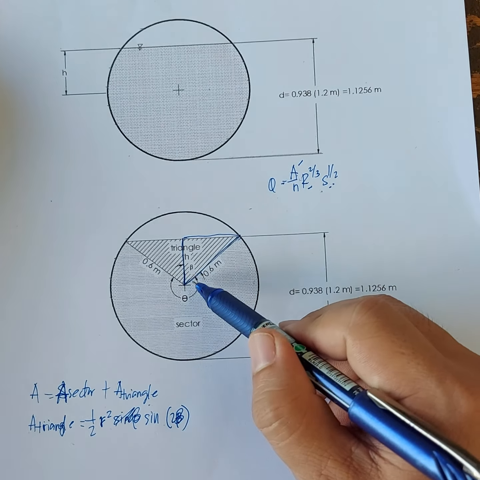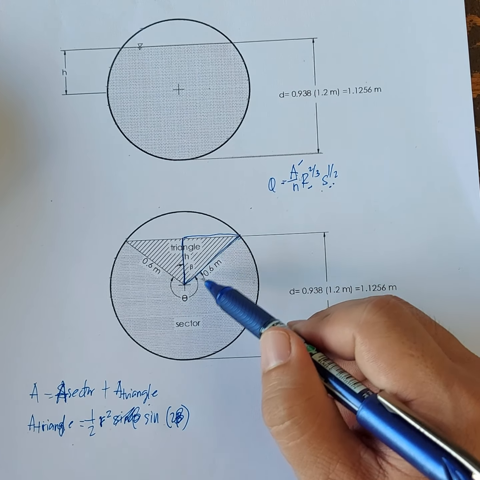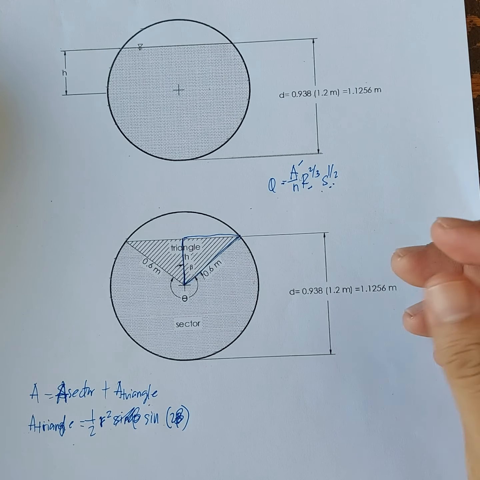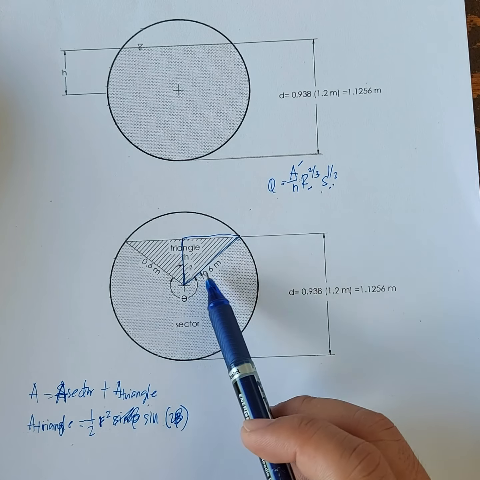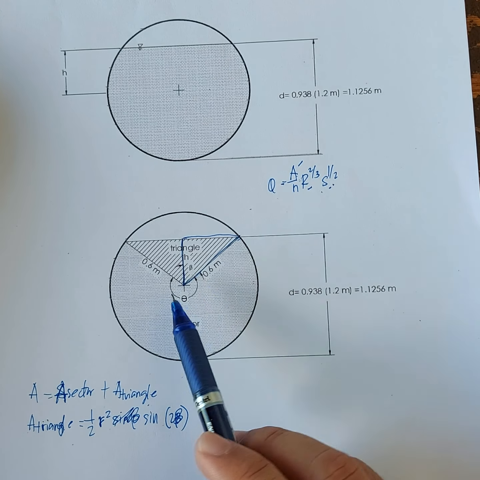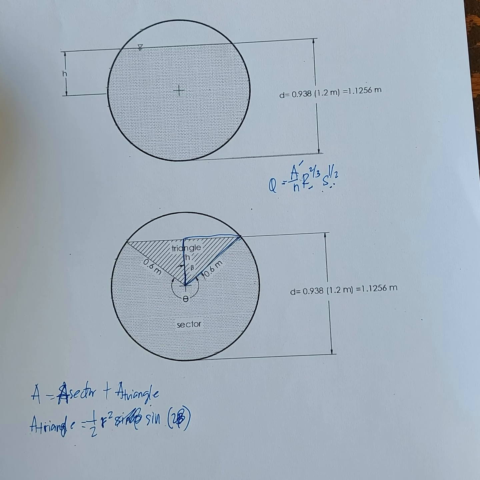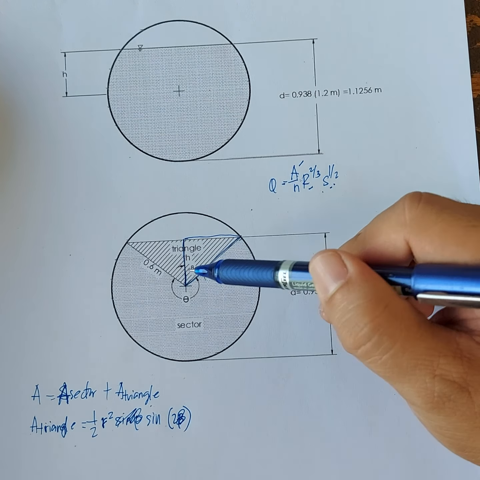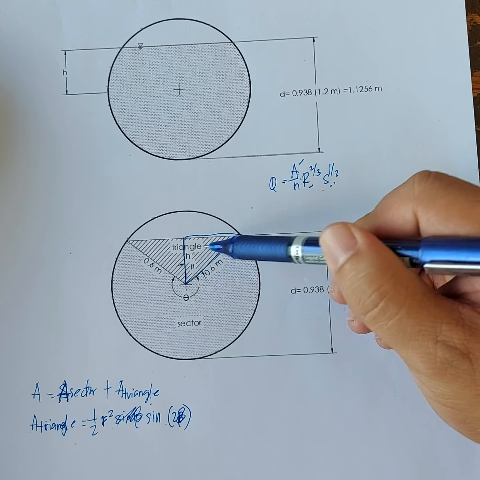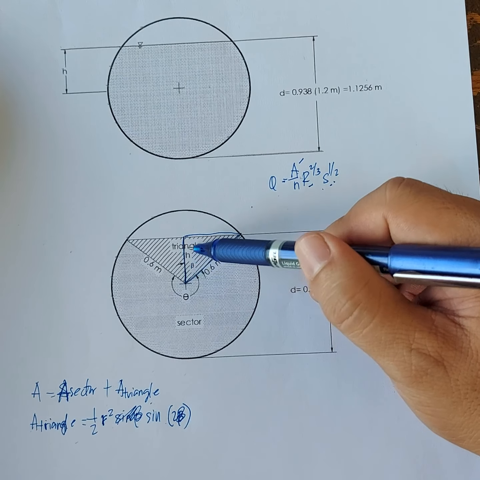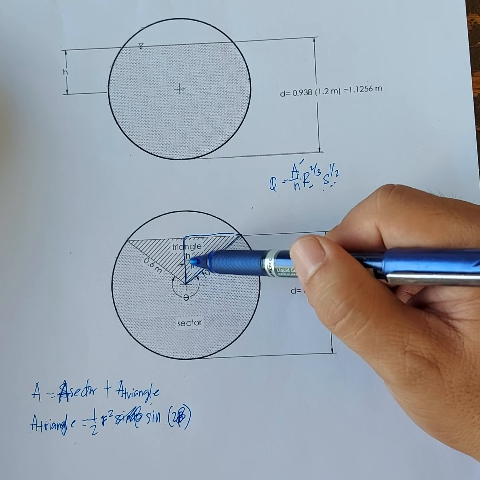We know this side is the radius of the circle. The diameter is 1.2, so definitely the radius is 0.6 of a meter. Now we need another given so that we can solve for the angle beta. Maybe we can solve for this side of the triangle, the adjacent side.